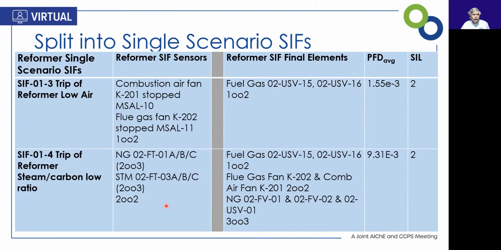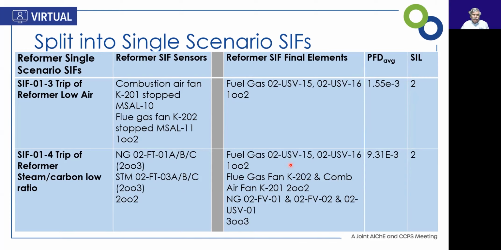Number 4 is low ratio of steam to carbon going into the reformer catalyst. And so we have the natural gas 2 out of 3 voting, and we have the steam 2 out of 3 voting. And those are our detection.